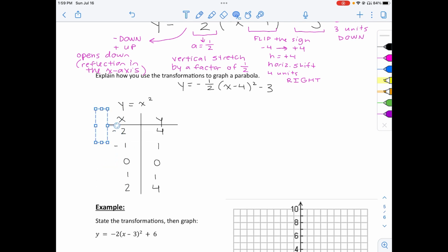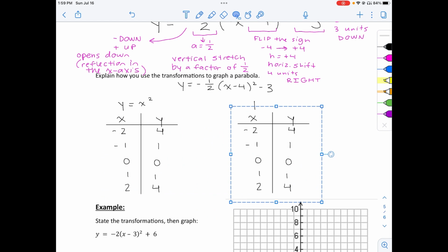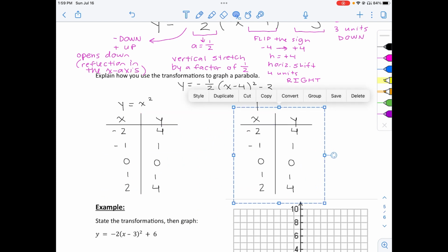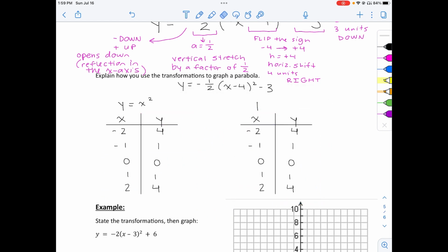Sorry, I don't know what happened there. I'm going to copy this table of values and then just replace the numbers in it. So I'm going to bring this over here, keep it in line, and erase what my actual values here are.